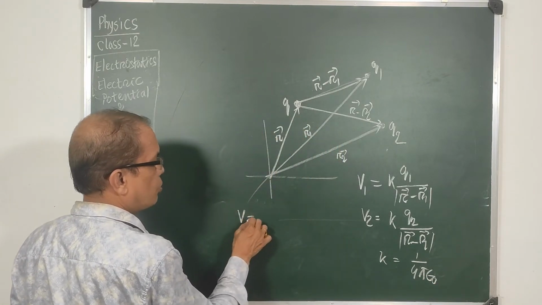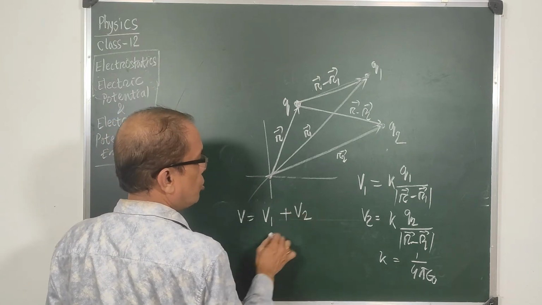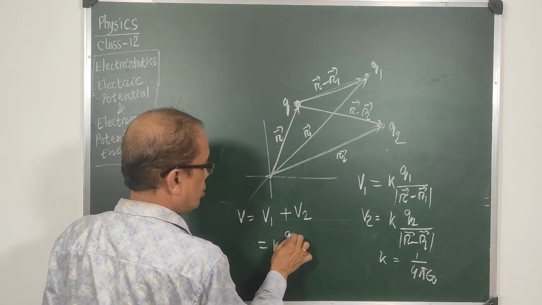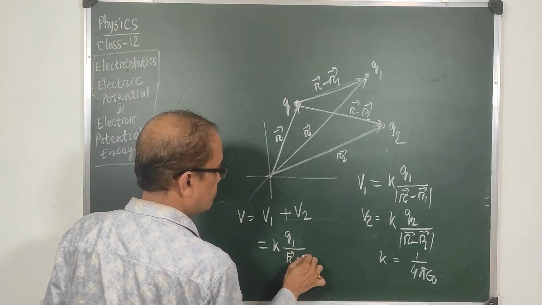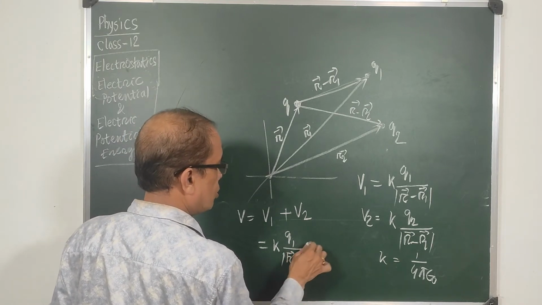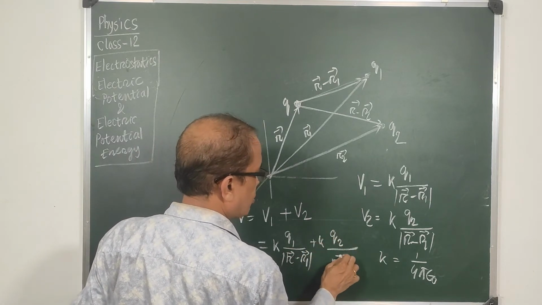So what will be the total potential? Total potential will be V is equal to V1 plus V2, which is k q1 by mod of r minus r1 plus k q2 divided by mod of r minus r2.